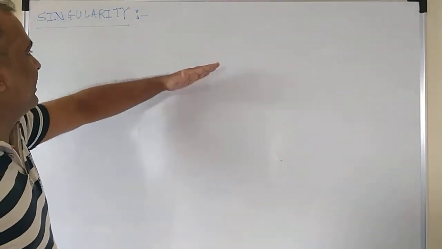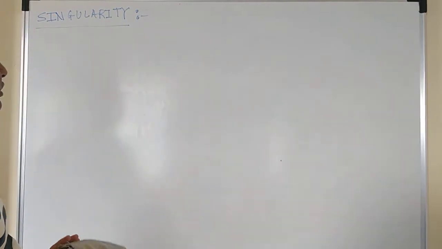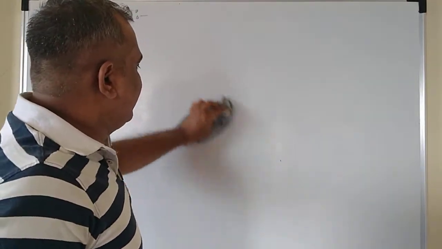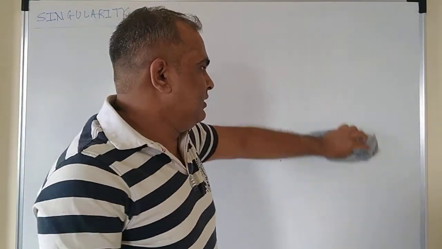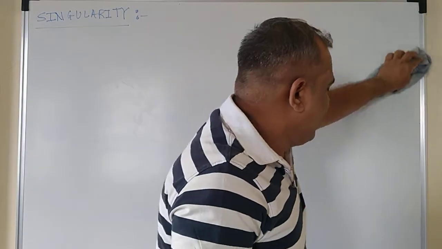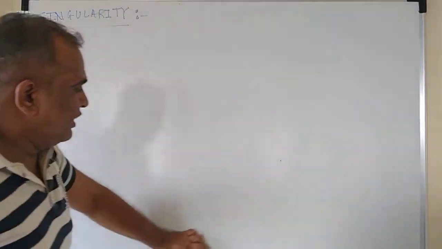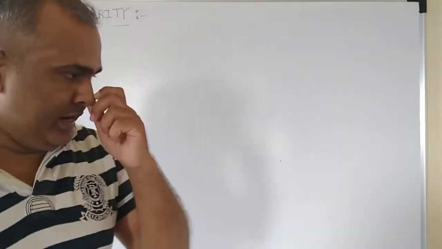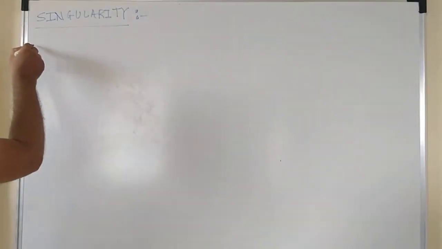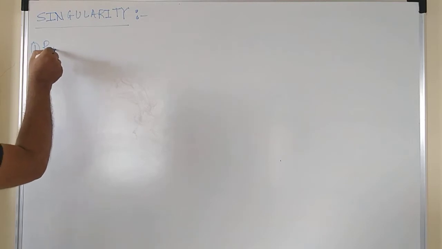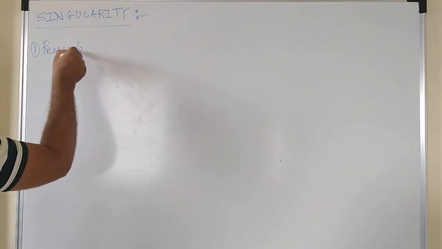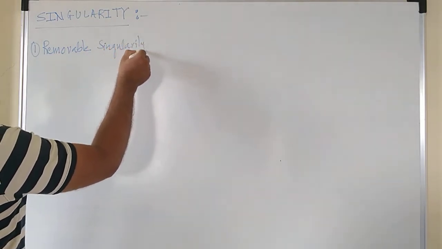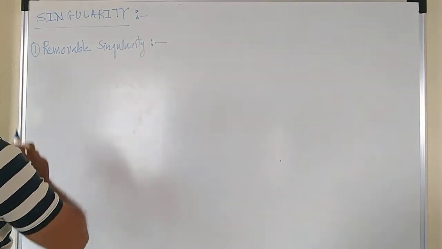It is called removable singularity. A singularity is said to be a removable singularity if the principal part in the Laurent series is absent, that is, no principal part exists. Then this kind of singularity is called a removable singularity. So the first singularity is the removable singularity.